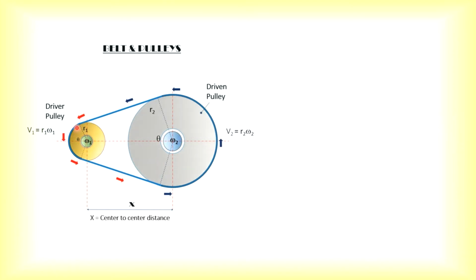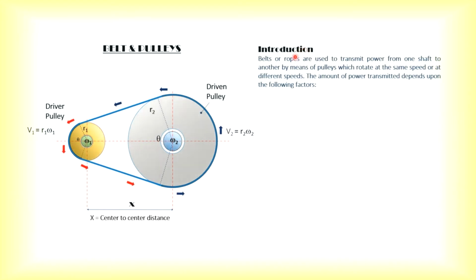At both points, you can see the belt is about to leave the pulley, where the belt touches the pulley. So the angle of lap or angle of wrapping is the angle over which the belt is in contact with the pulley. This is theta, the angle of lap.